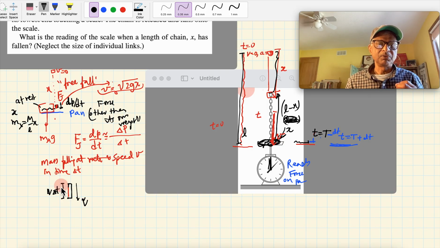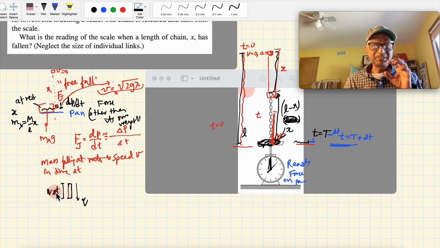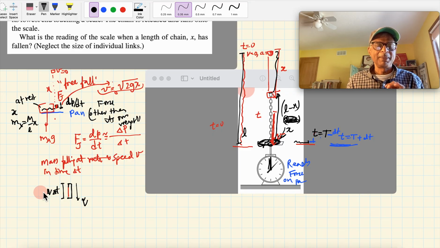So if you don't like delta t, physics people like to keep it separate, later on think in terms of limits. Because dt and delta t, you can mix them, it's not a big problem. Okay, so v delta t is the distance it has fallen, so how much mass it corresponds to is going to be just like over there, m over l v delta t. So this is going to be delta m.